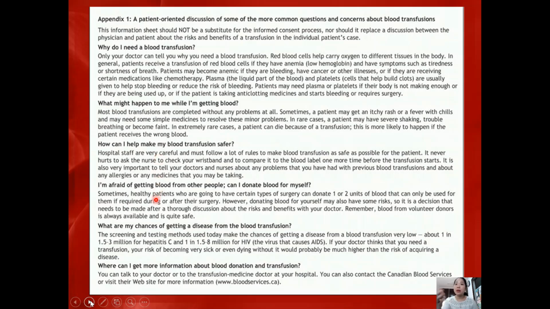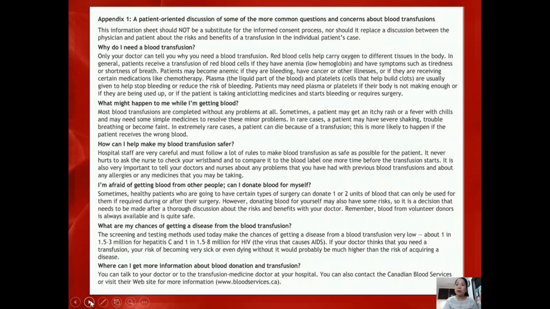I'm afraid of getting blood from other people. Can I donate blood for myself? Of course, there's autologous blood transfusion. But what are my chances of getting a disease from a blood transfusion? And where can I get more information regarding blood transfusion and blood donation? These are usually the questions that your patient may ask you, especially when they need blood transfusion.